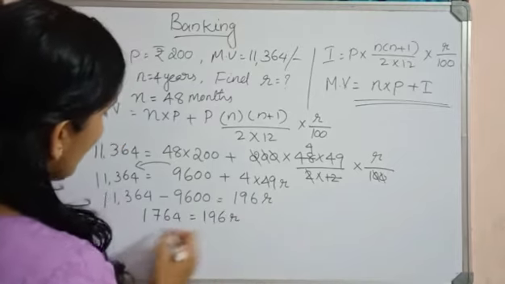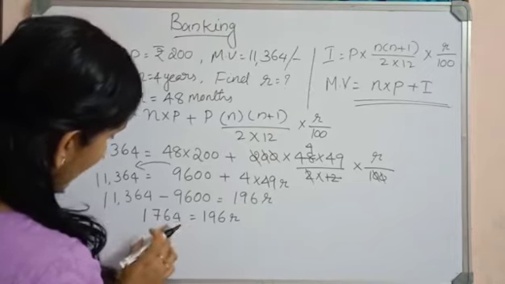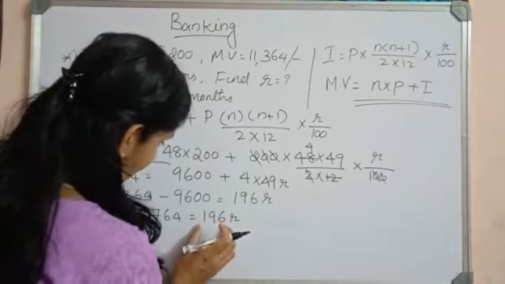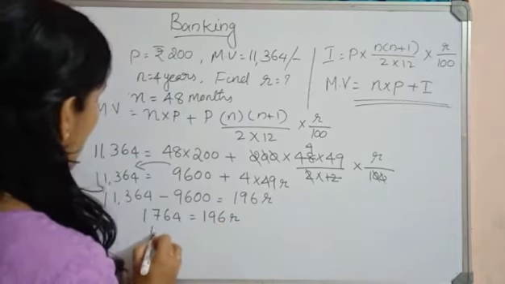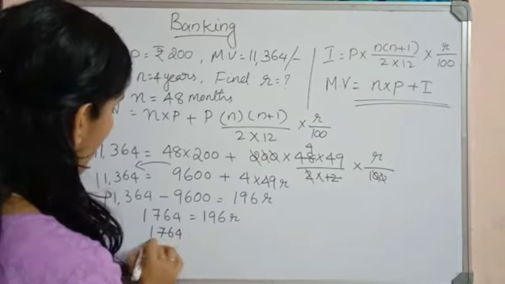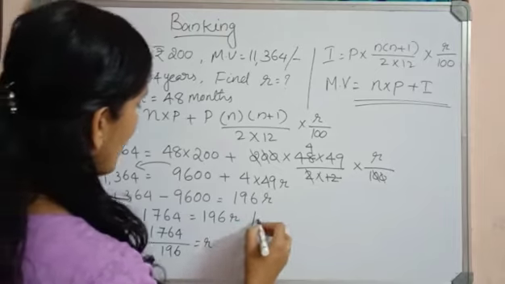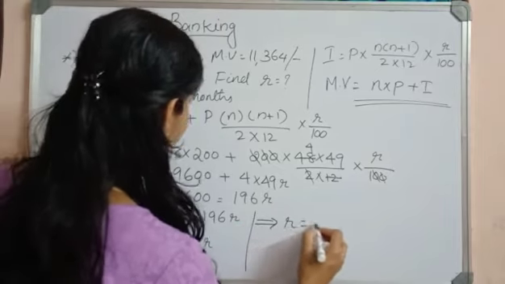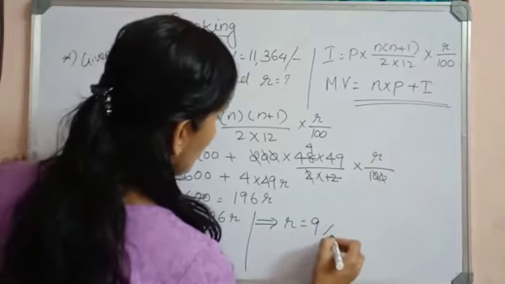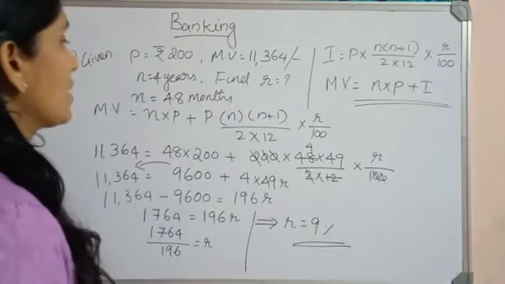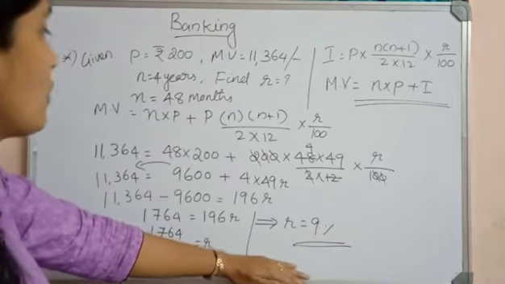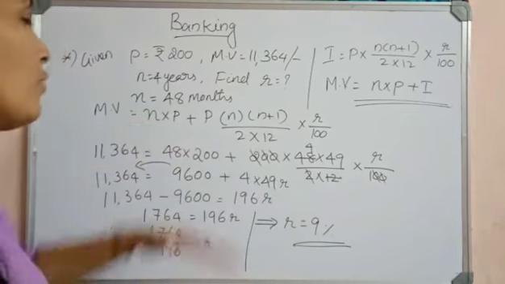Now 1,764 divided by 196 is equal to r, and that implies r is equal to 9, and therefore the rate of interest is 9%. This is how we can find the rate of interest by using the maturity value formula.